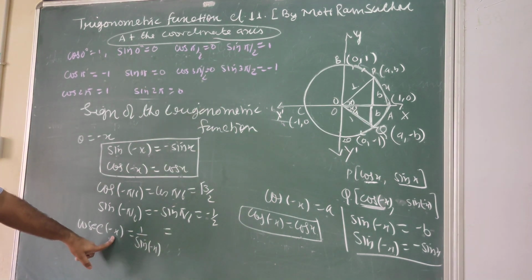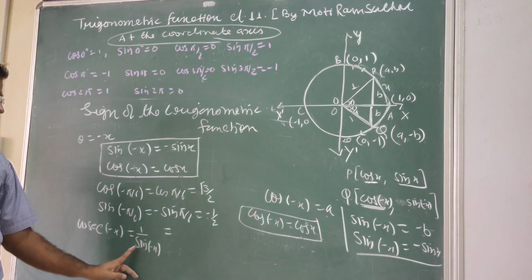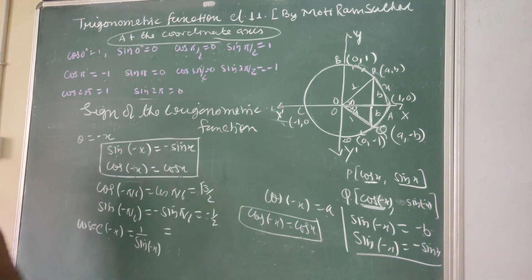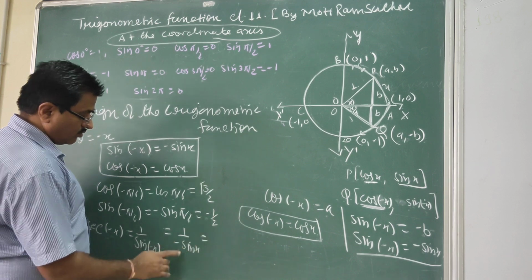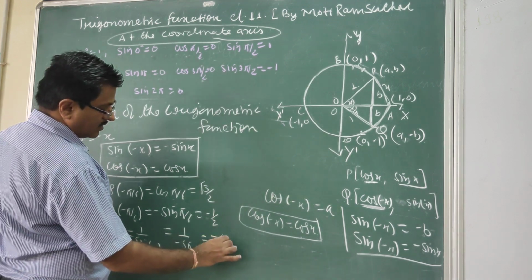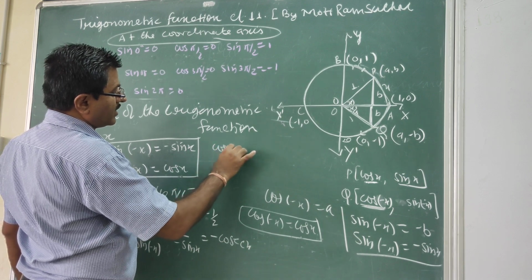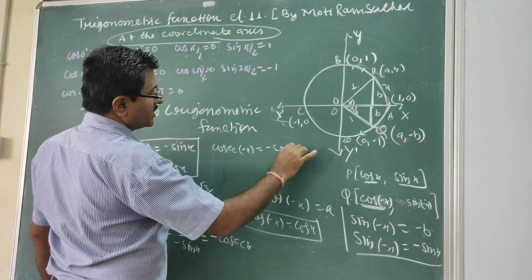Now the value of sin minus x is replaced by minus sin x. So 1 upon minus sin x, and 1 upon sin x is cosec x. So we get cosec minus x equal to minus cosec x.